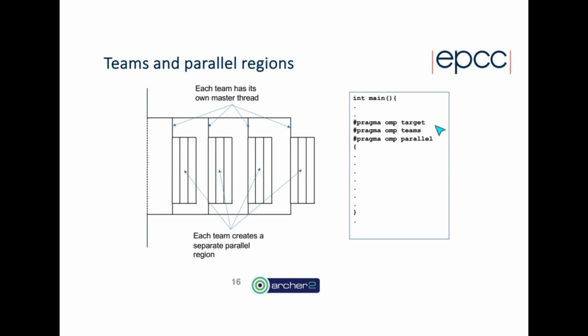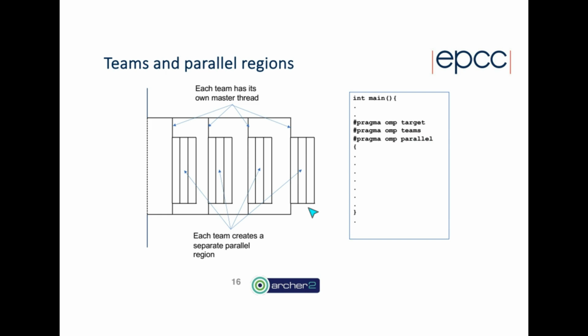So what the code would look like, you would have a target directive followed by a teams directive followed by a parallel directive. The target does the offload. The teams directive creates multiple master threads. Each team that we're going to create on the device has its own master thread, and then each team will use the conventional parallel region directive to create a team of threads.